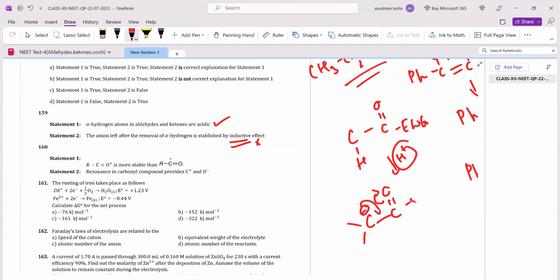These are undergoing resonance. So it is not stabilized by inductive effect, but by resonance. So this can be considered a true statement, but this is a false statement. So it should be option C.